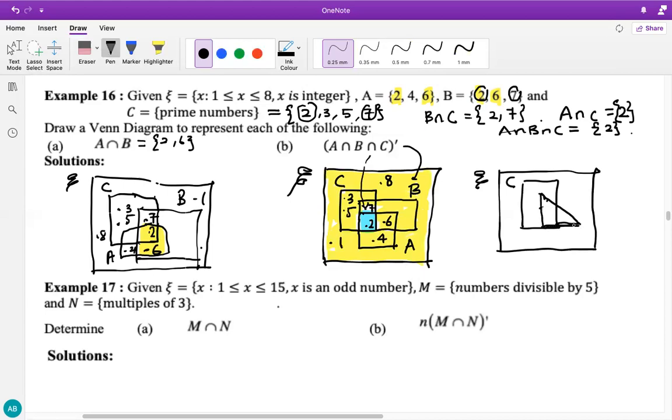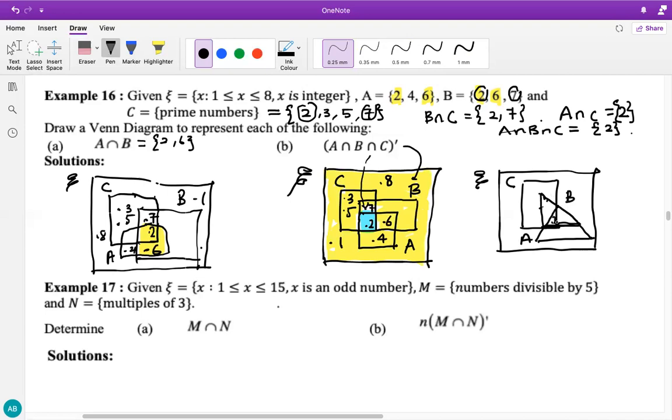Okay, triangle. And I also have a triangle here for A. This one is B.